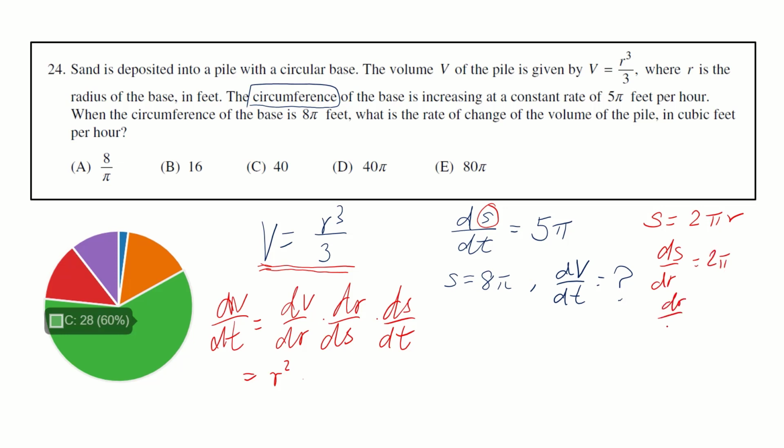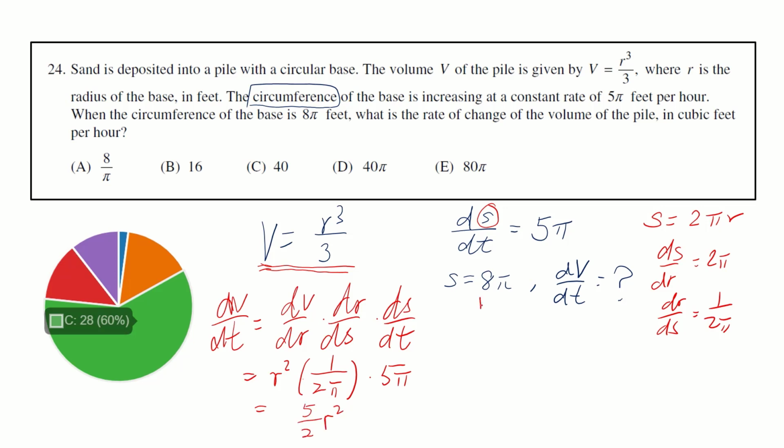And dr/dS is therefore equal to 1 over 2 pi. dS/dt is given as 5 pi. So it is equal to 5 over 2 r squared.